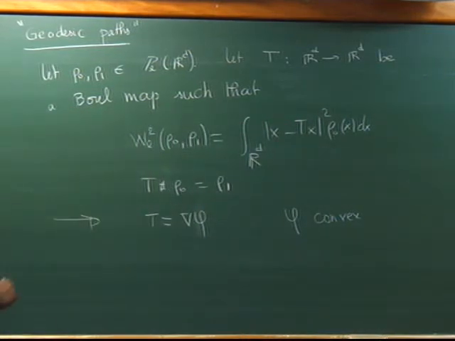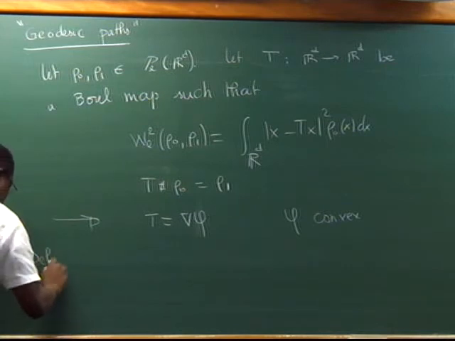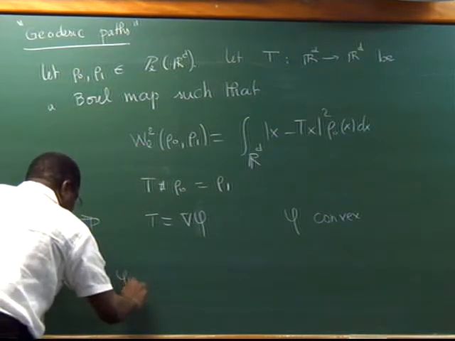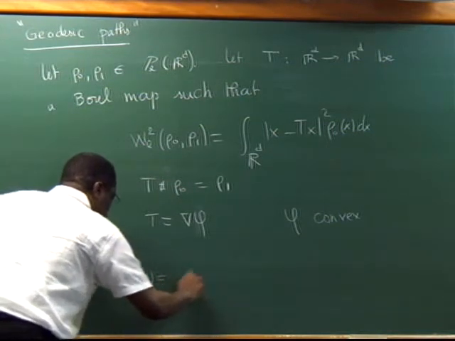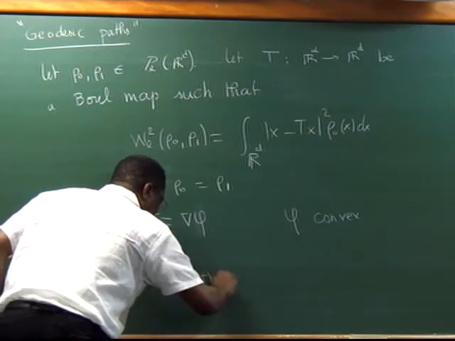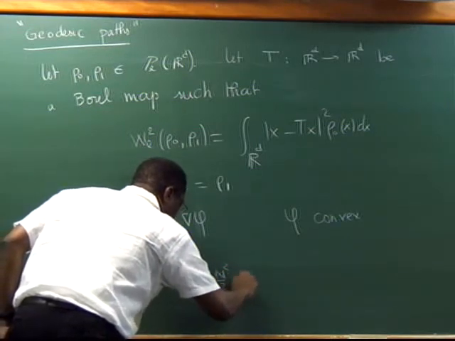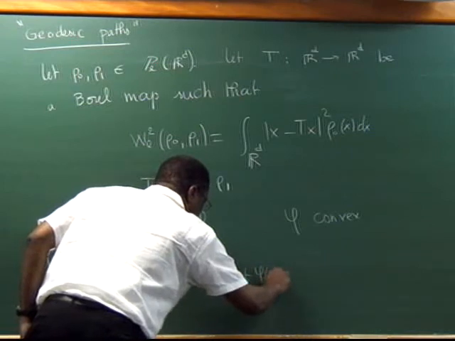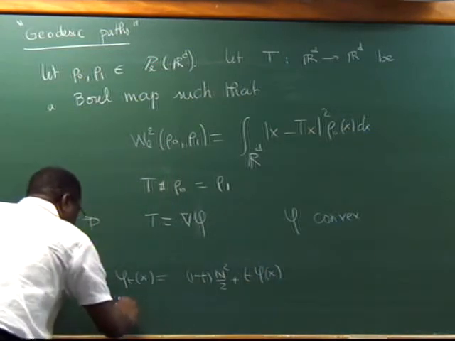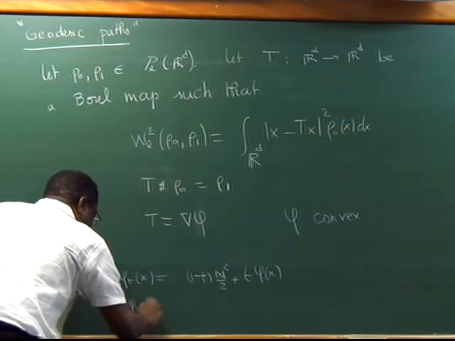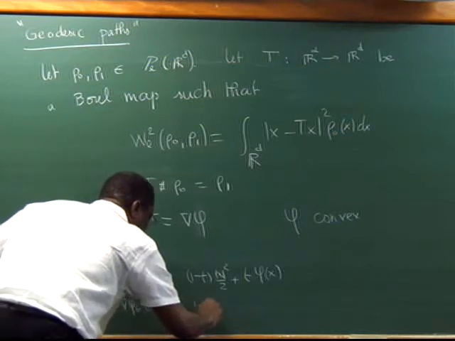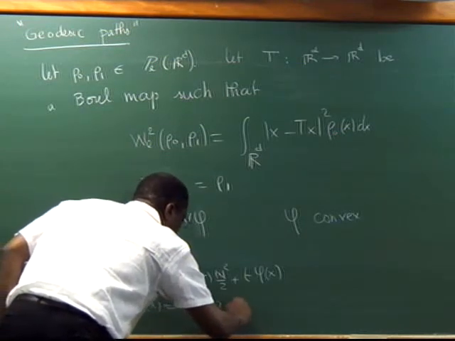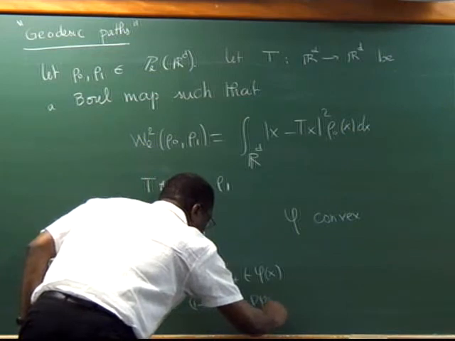So define phi t of x to be (1 minus t) s squared over 2 plus t phi of x. And compute the gradient. The gradient of phi t of x will be (1 minus t) x plus t the gradient of phi of x.